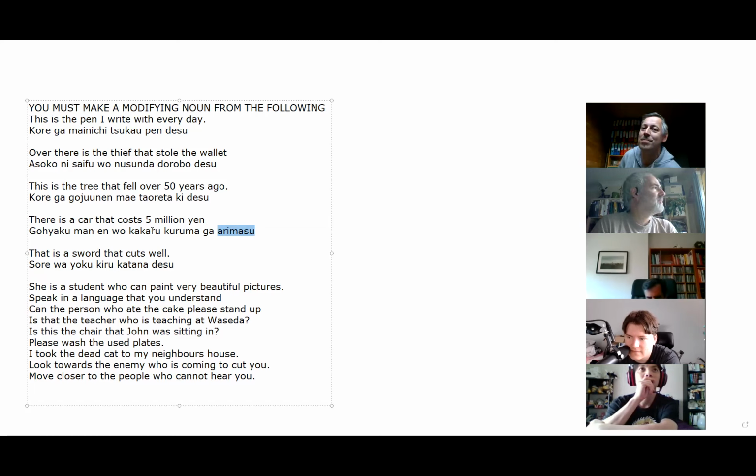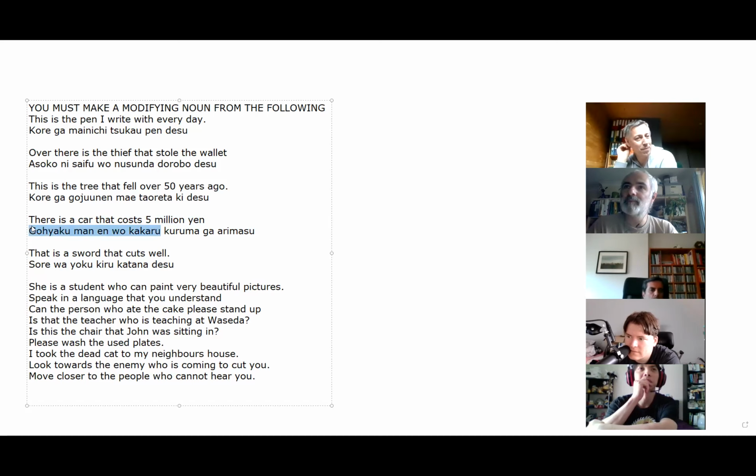Well, this would change the sentence to "This is the car that exists." But by saying "This is the car," you've already mentioned existence. So the modifier for this one is that it costs 5 million yen. That's the point you're trying to use to describe it. That's like the adjective, so it needs to go before the kuruma bit.